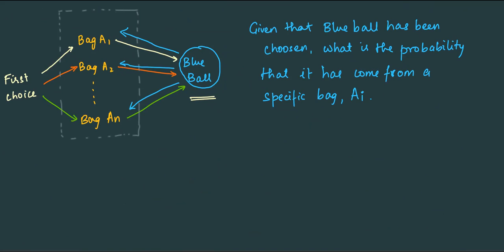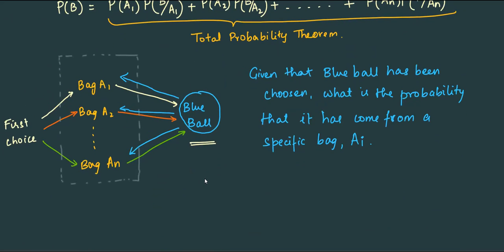Now what I want to find out is the probability of AI given that this event B has taken place. That is, the probability that the ith bag was selected given that the blue ball has been chosen.